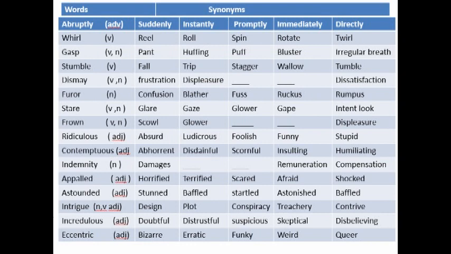Now let me tell you that it is pronounced differently in British accent. The British pronounce it as furore, while Americans pronounce it as furor. It is a noun. Its meanings are confusion, blather, fuss, ruckus, or rumpus.